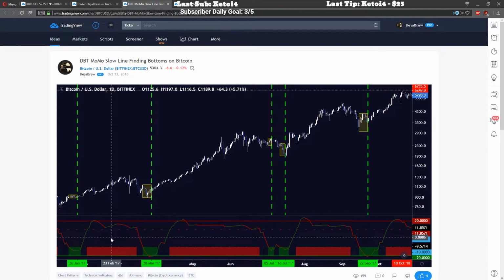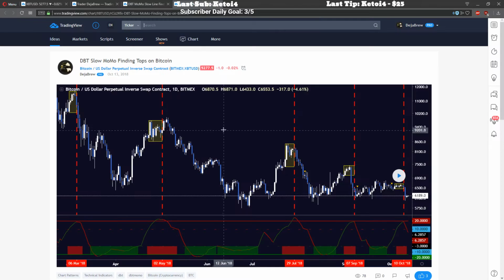You can see here, this is a different Momo. It was before the new version, so it's going to look a little different, but the calculation is the same. So the greens here are when it's finding a bottom. You can see it alerted you to every single bottom in 2017. So, okay, let's look at the tops.